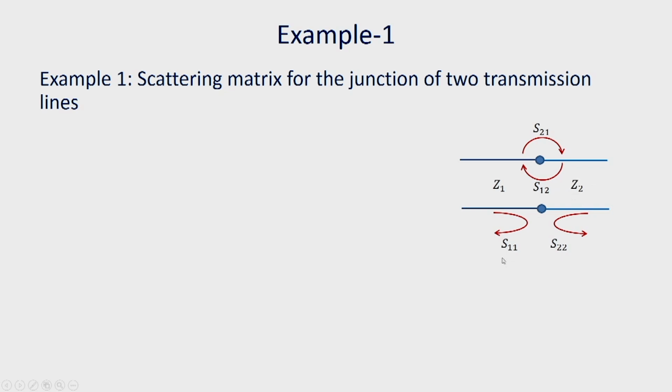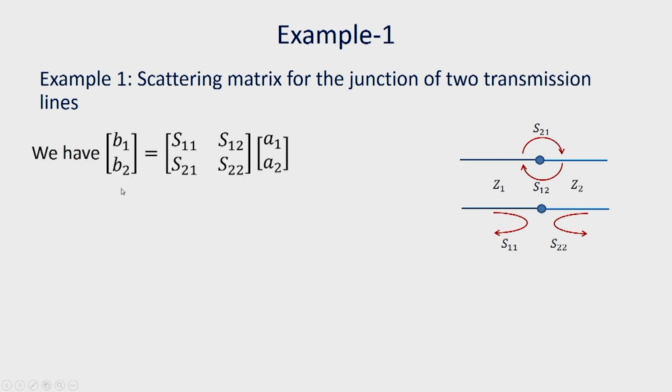and this is S11 and S22. These are essentially the reflection coefficients at the junction, and S21 and S12 are the transmission coefficients for the junction. Let us find out these S parameters, S11, S12, S21, S22.